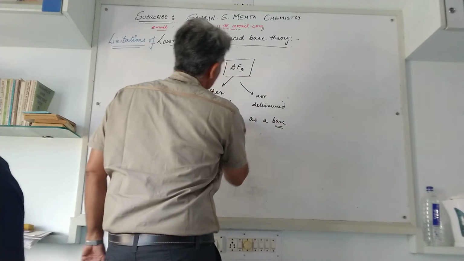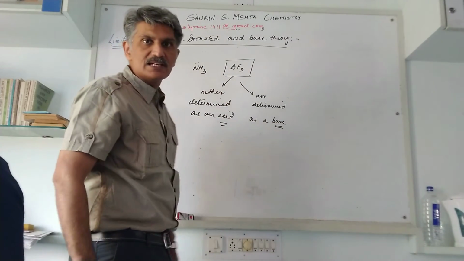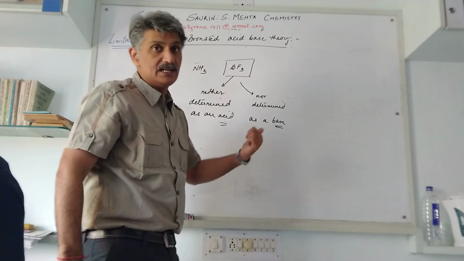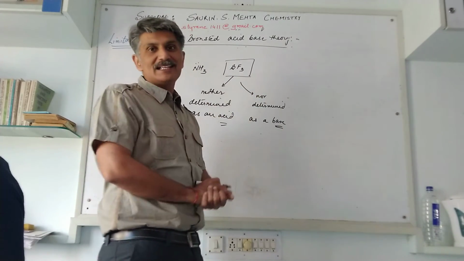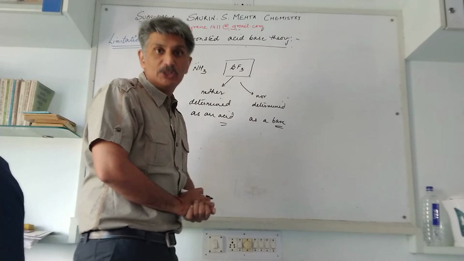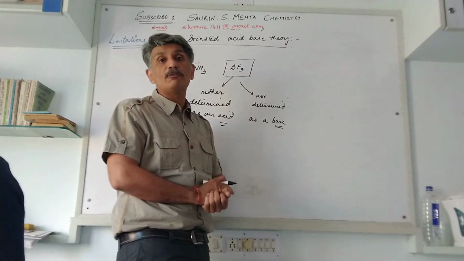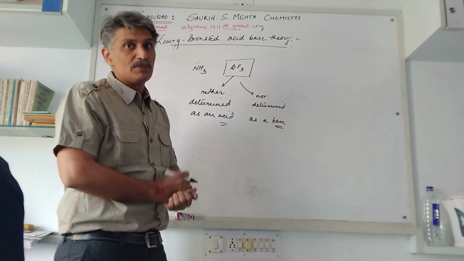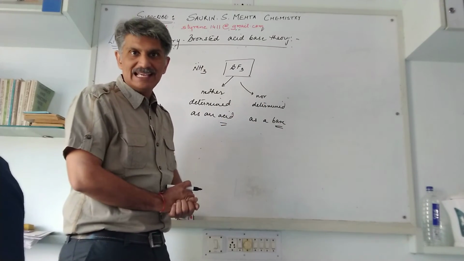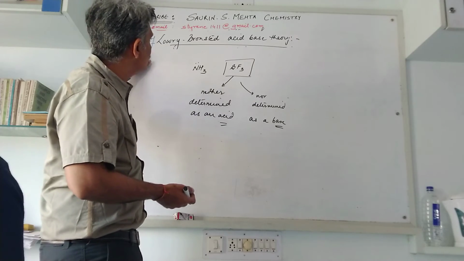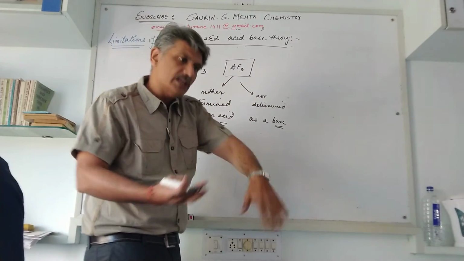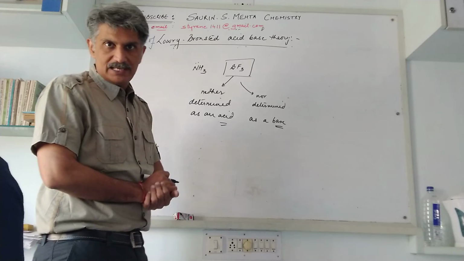But obviously there has to be some characteristic of BF3, and I said that BF3 is definitely going to act as an acid, but that we will talk about with respect to the concept of Lewis theory. That will be followed in the next episode, but I am just taking care of the limitation of Lowry-Bronsted, and due to the limitation, a new theory has come into existence.